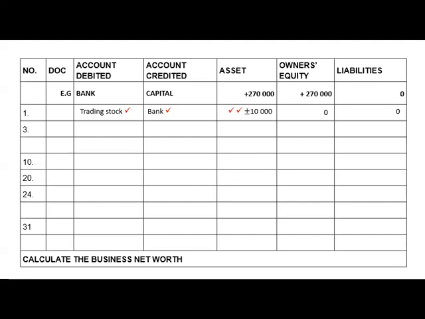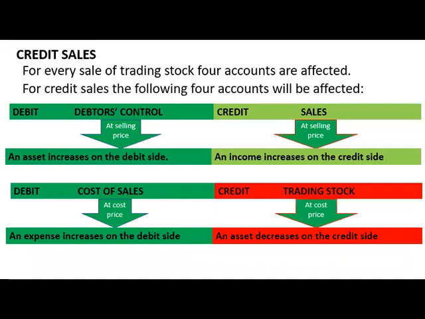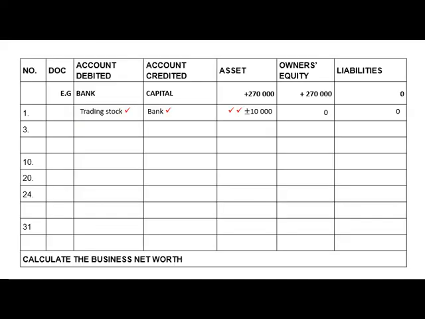It is debtors control and sales. Which one are we going to debit between the 2? We are going to debit debtors control and credit sales.